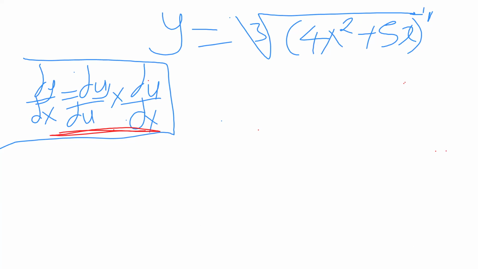Or maybe I should ask like this: what is the name of the root? This root. Is this the second root, the third root, the fourth root, the fifth root? What's the name of this root?